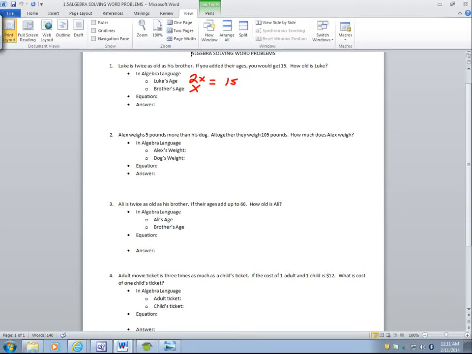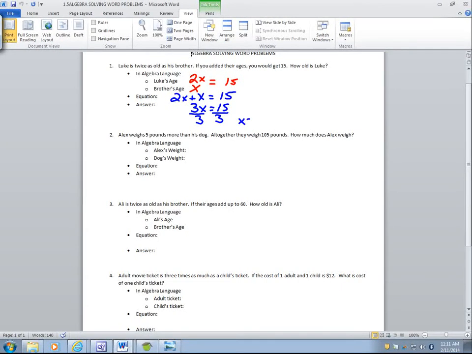So how would we write that equation? 2x plus x equals 15, because their ages added up. So let's do like terms. 2x and x is actually 3x, equals 15. We divide each side by 3.